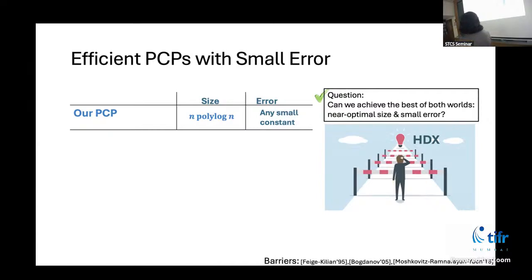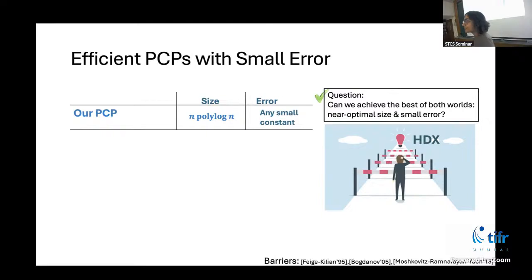Any questions? I will mention Bogdanov's barrier and see how high dimensional expanders help. Compared to Moshkowitz-Raz, the size is n polylog n and not n to the 1 plus little o. But Moshkowitz-Raz is better in the sub-constant error regime, and we are better in the constant error regime.